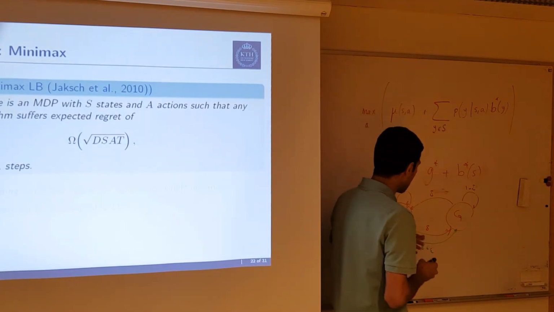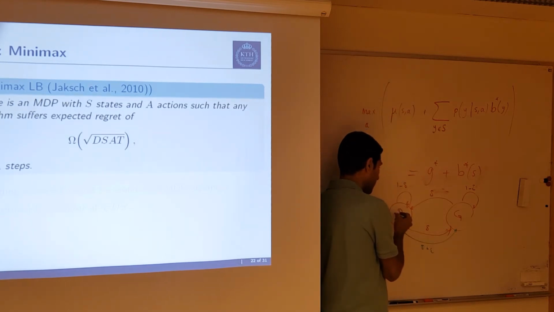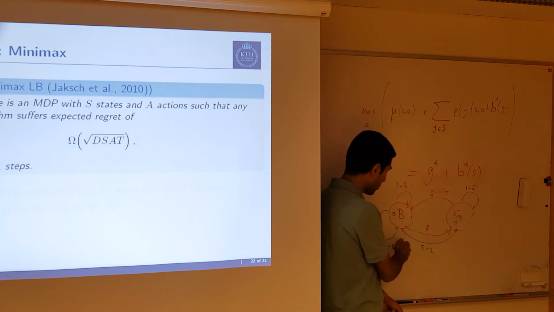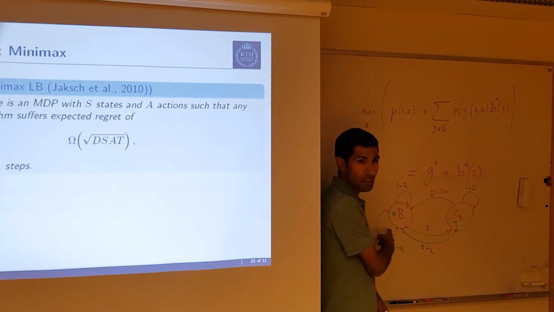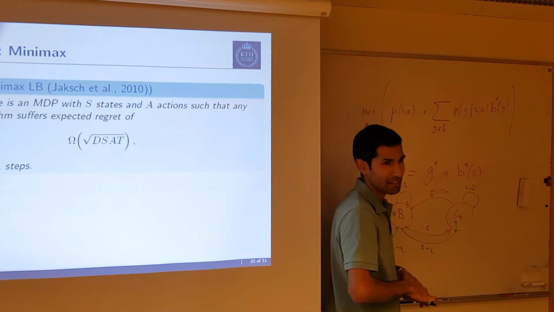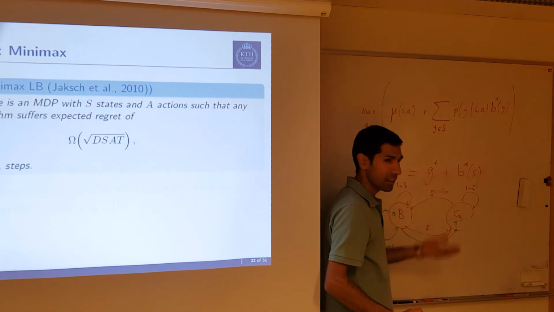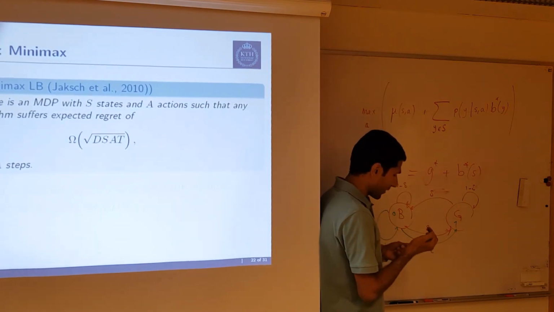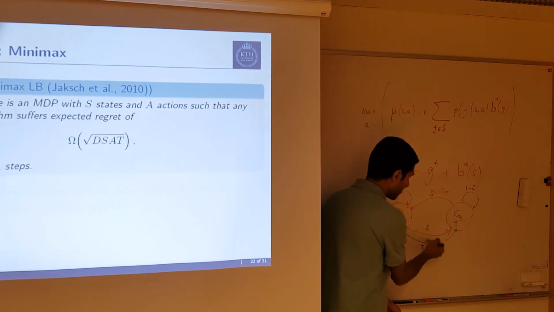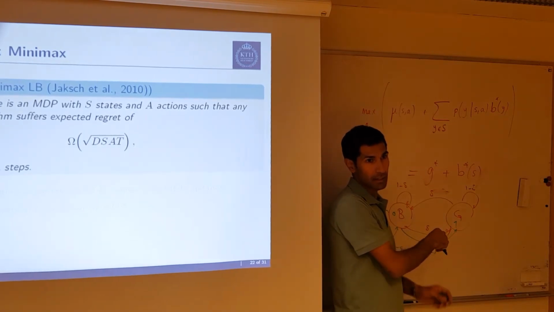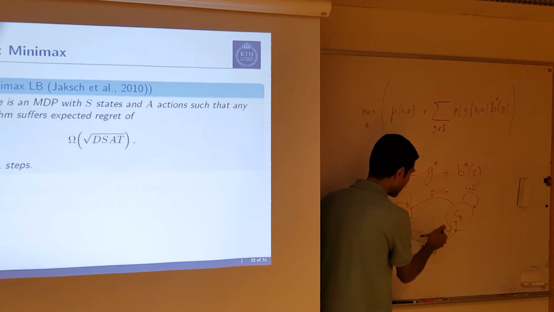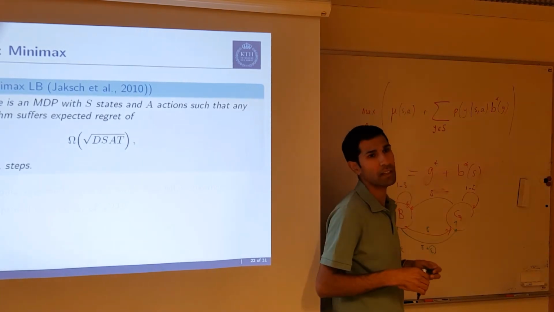If you receive the reward deterministically 0 here and 1 here, it is apparently optimal to choose the green one, right? But delta is fixed, it's an input.